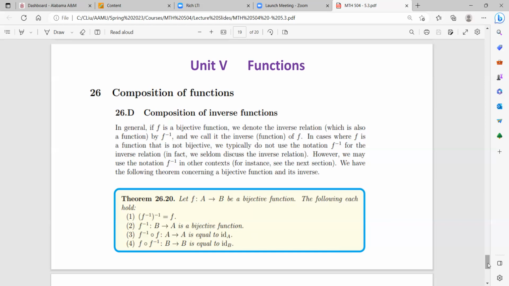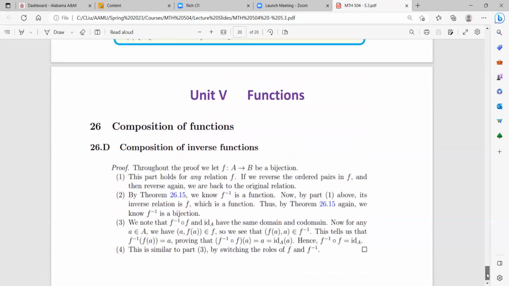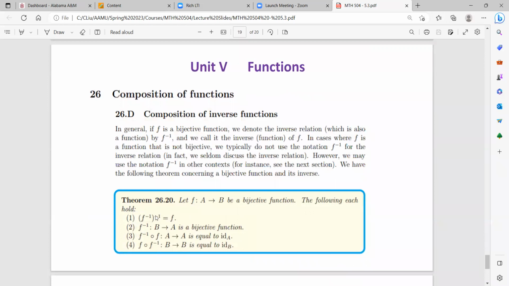And these properties are very easy to prove. Let's just prove them. Okay. First, this equality: the inverse of f inverse is f itself.